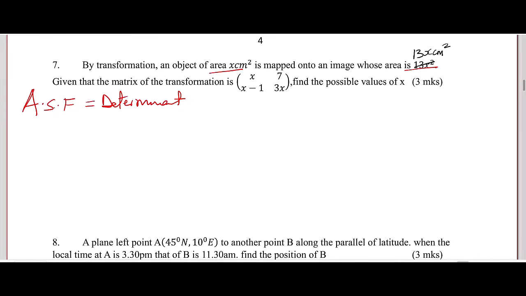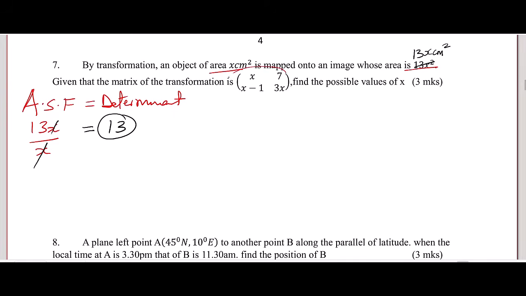So area scale factor is the area of the image, which is 13x centimeters squared, and then the area of the object is x centimeters squared. So you notice that these will give 13. So the area scale factor is equal to 13, and therefore 13 is also the determinant. Having known that, we can use this matrix here to find the determinant.